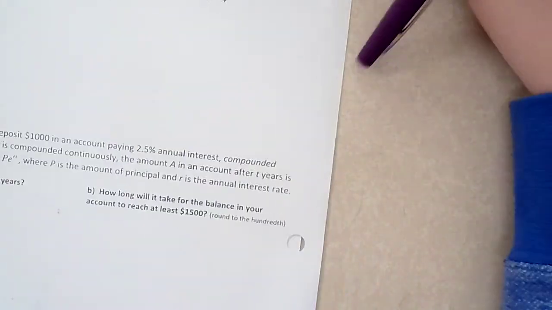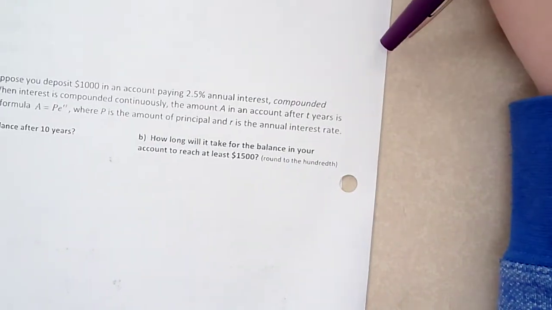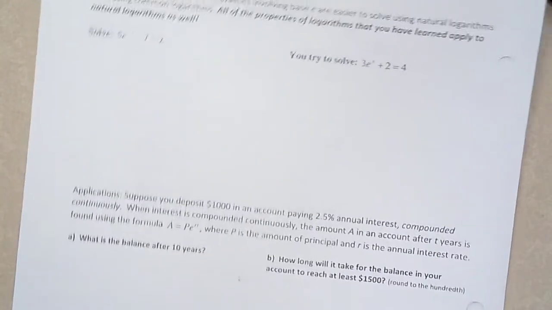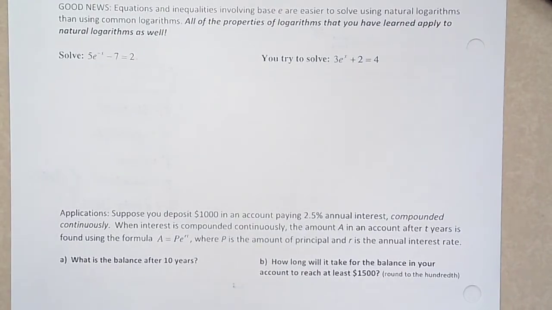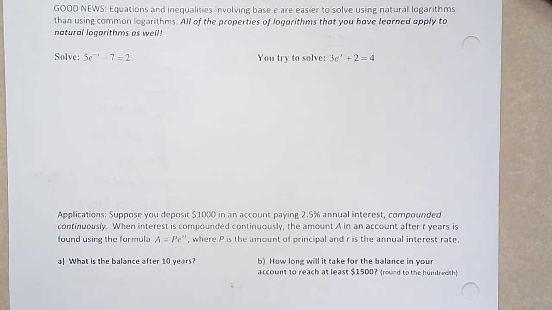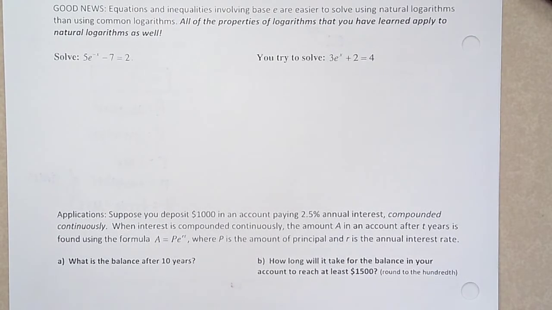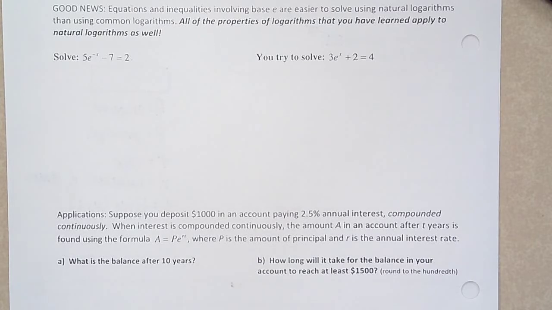Let's flip over to the back side here. So, good news. Equations and inequalities involving base e are easier to solve using natural logarithms than common logarithms. So all of the properties of logarithms that we've learned apply to natural logs as well, which is really exciting. So let's solve some of these.